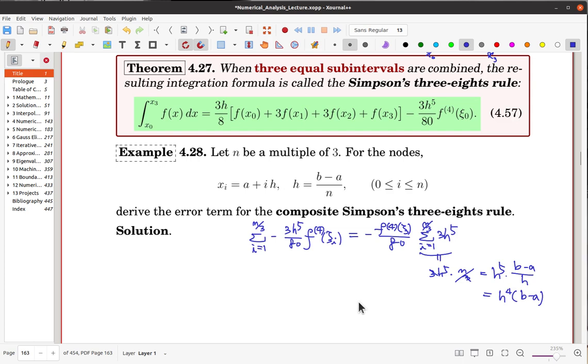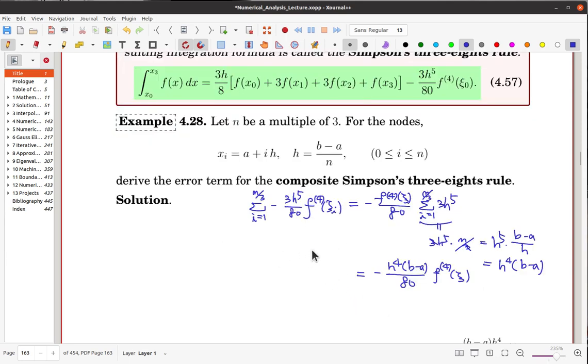So the final answer is minus h to the 4 times b minus a over 80 times the fourth derivative of f at some point. That's the final answer for the error of the composite Simpson's 3/8 rule.